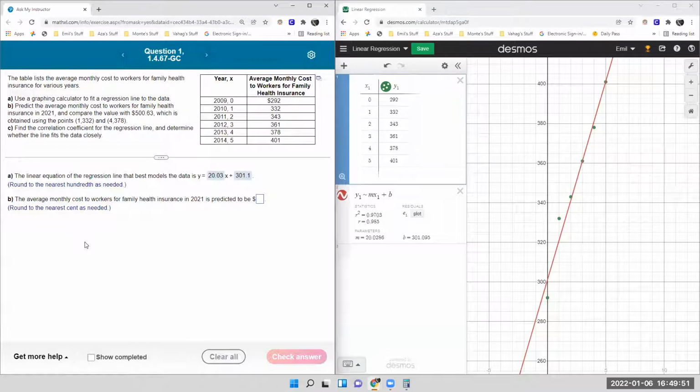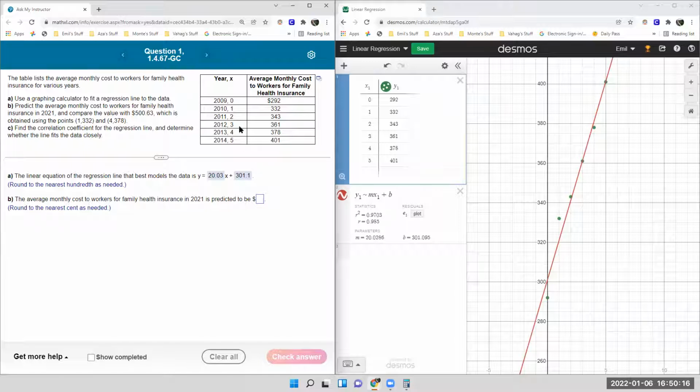The next question is that we have to predict the average monthly cost for the year 2021. So basically, we need to enter the X value here, and that will give us the Y value. Now, the year 2021 is 12 years after the year 2009.